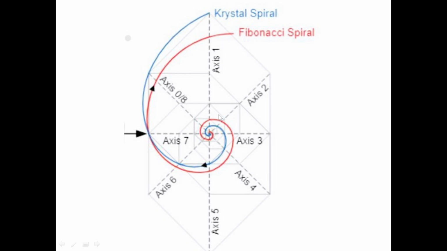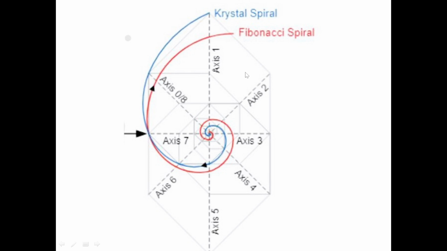Now, we can see that they look very, very similar to each other until they point axis 7, and 7 is a very key number. Very key number. And at axis 8, we have a proper split, and they never meet again, because the Fibonacci sequence will keep on going and going until it will collapse upon itself, as the Kryst code will keep on going up and up and growing.